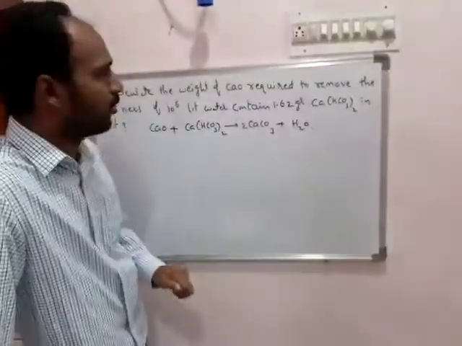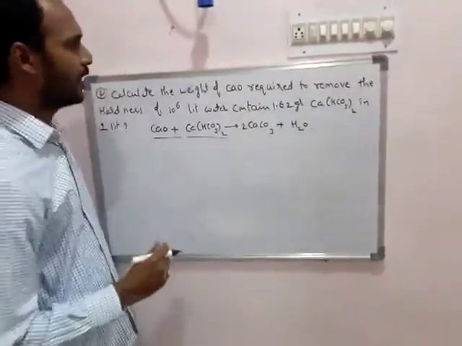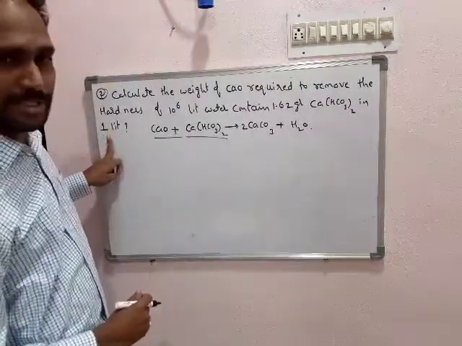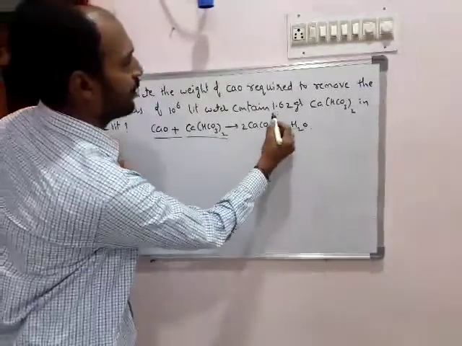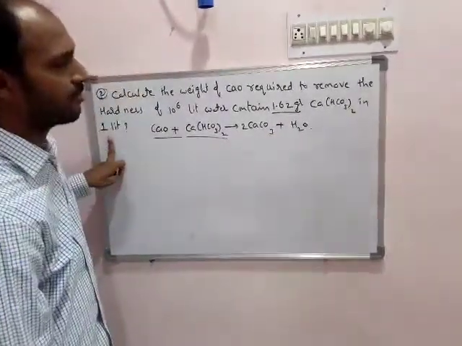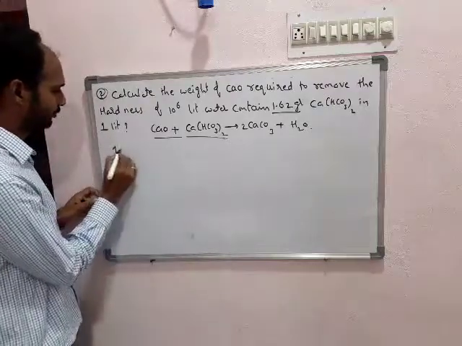Okay, so now the problem is, in 1 liter of water sample, there is 1.62 grams of calcium hydrogen carbonate present.